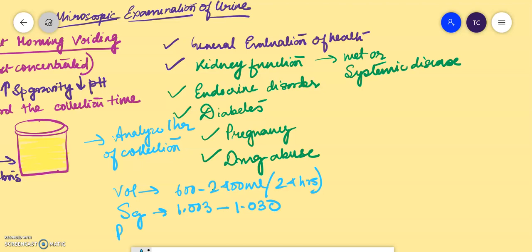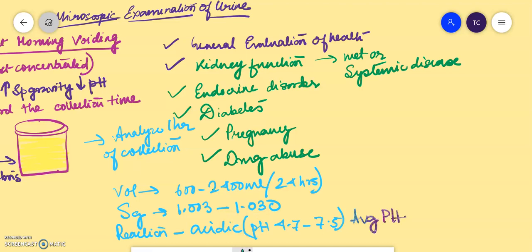Then reaction is acidic, pH is 4.7 to 7.5, and average pH is 6.0.